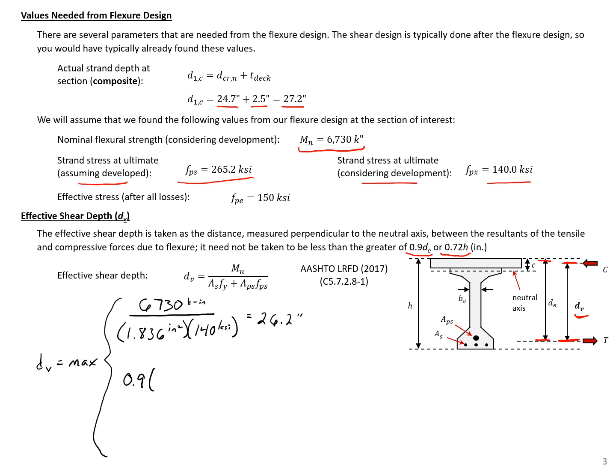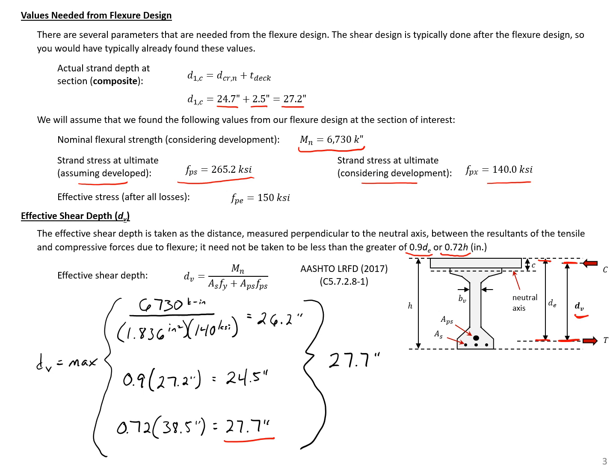So for us, we only have pre-stressing, so this is just going to equal the d that we found above, 27.2, which will give us a value here of 24.5 inches. And then 0.72 times our overall height, which our composite height is 38.5 inches, which will give us a value of 27.7 inches. So we can see here 27.7 is the max, so our dv here is 27.7 inches.